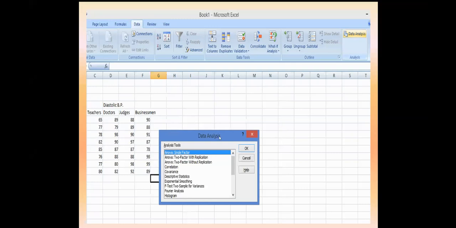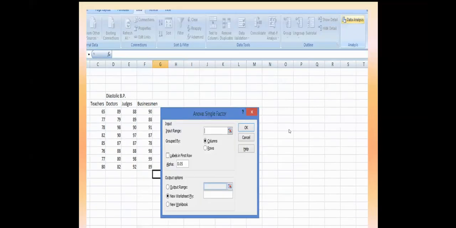We are going to consider a single aspect, and that aspect is whether there is a significant difference in the diastolic blood pressure of the individuals doing different professions. So you will click here Single Factor and you will click OK. In the next step, you can see that the input range is coming.